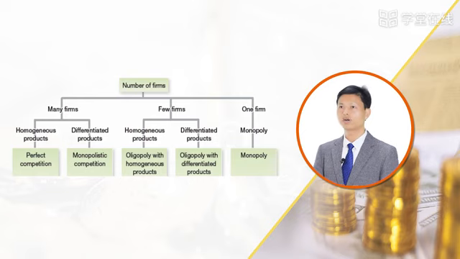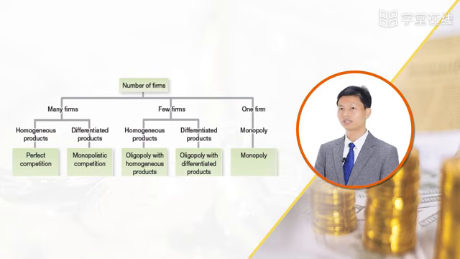Industries differ not only in whether the products are differentiated or homogeneous, but also in the number of sellers present in the industry. Some industries have few sellers, like the airline industry or the cable TV carriers in your area. Other industries have many sellers, like the book or music industry.